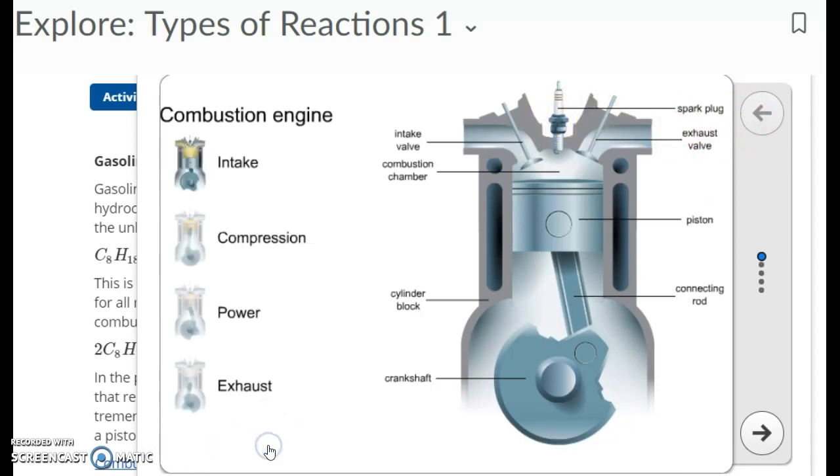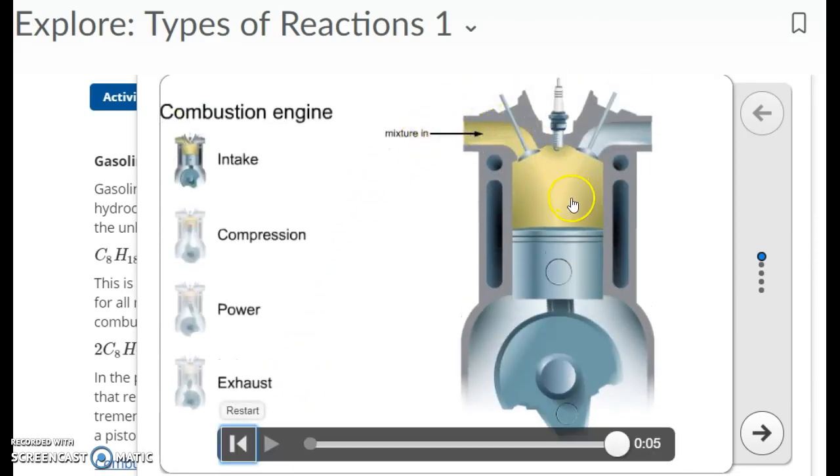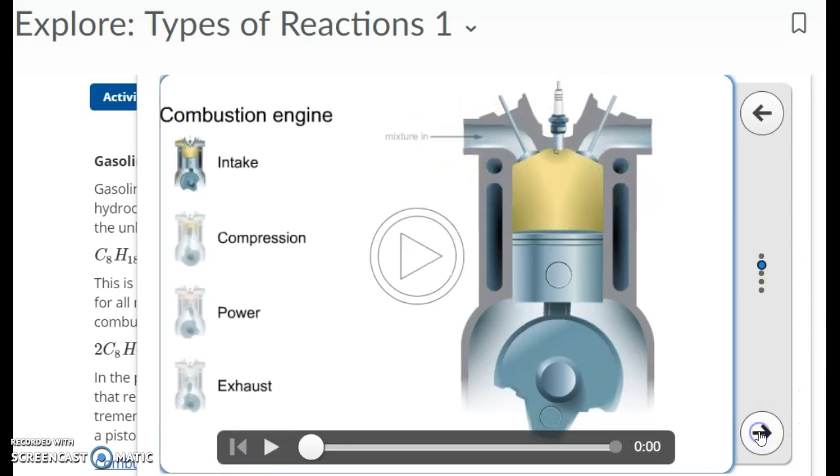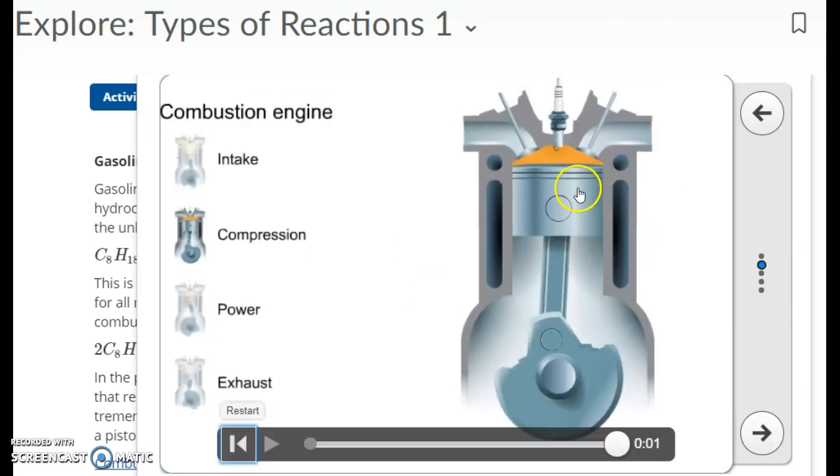All right, so the intake, we will see that the mixture goes in. Okay, so we're talking about the mixture. We're talking about some gasoline, some oxygen. And then we compress it. Okay, well, what happens to these gases when we compress them?